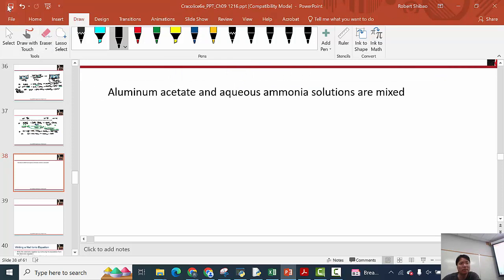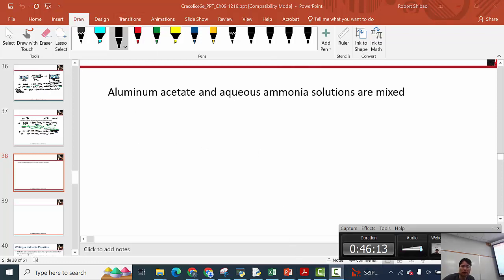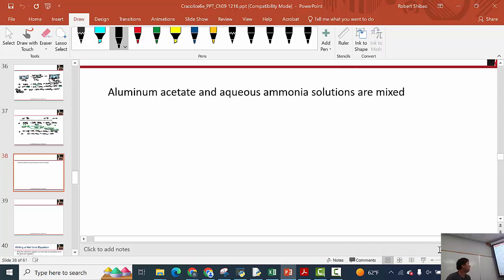Aluminum acetate. What's the formula for the aluminum ion?